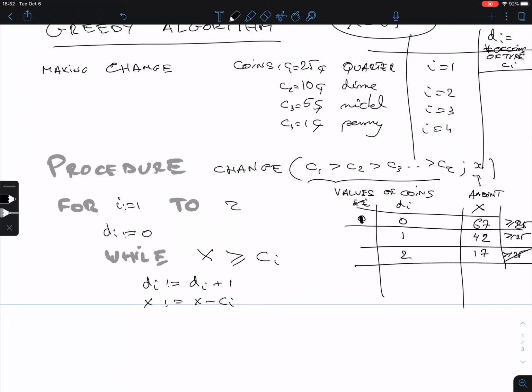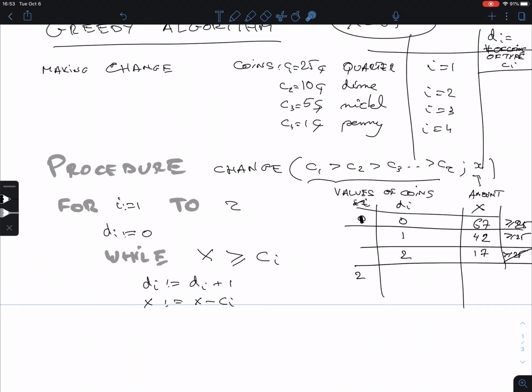This means, therefore, that this loop has now been carried out, the condition is no longer satisfied, and the loop says, okay, increment your i. So we go to 2, and we start all over again.